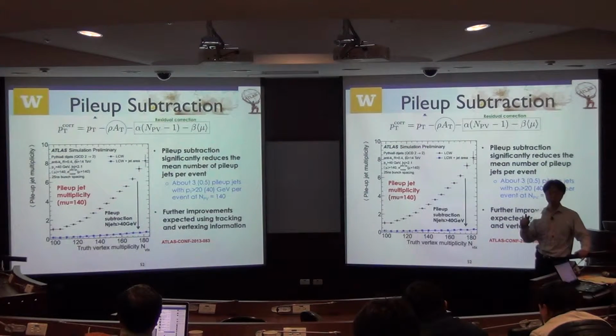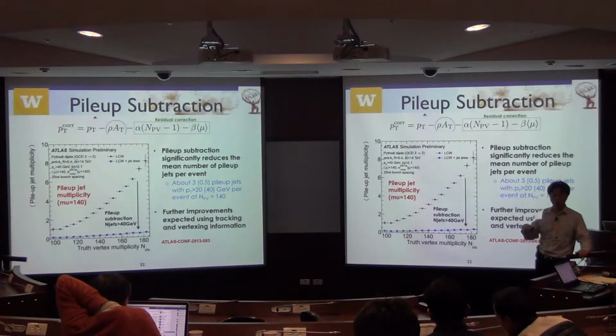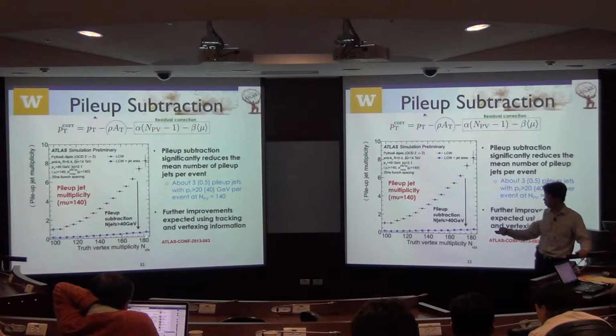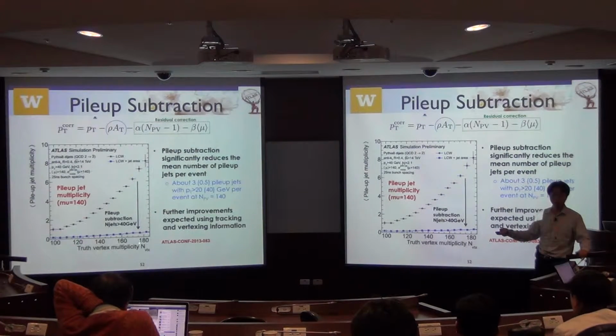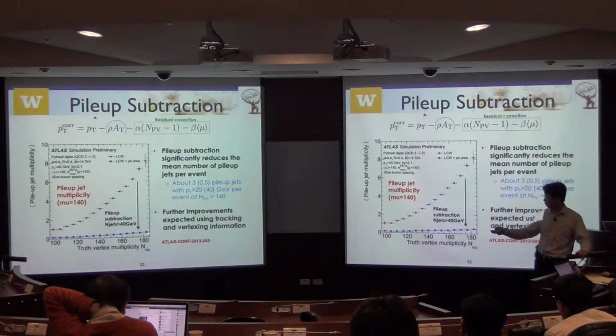But then after this area subtraction, and you recalibrate the momentum of the jet, if you do the counting again, you can see that you basically remove those unnecessary pile-up jets, okay? Also the multiplicity, which increased as a function of the number of vertices, is significantly reduced.